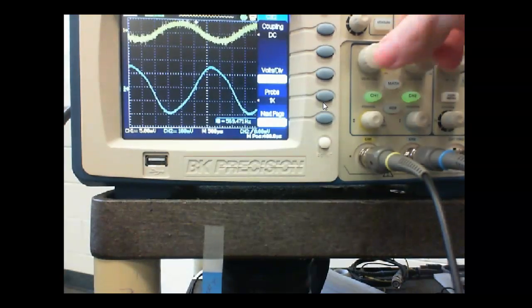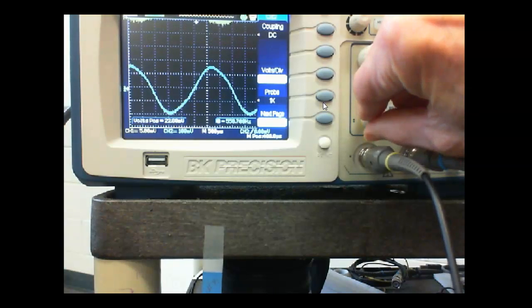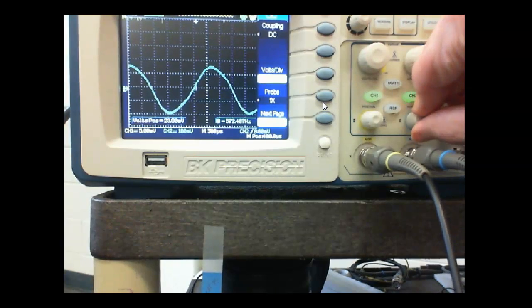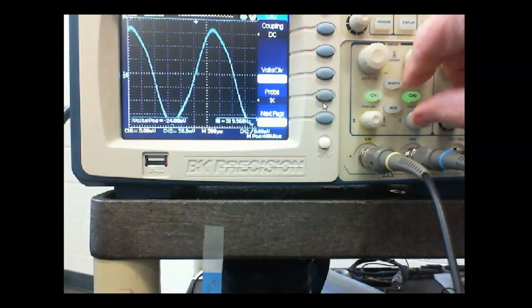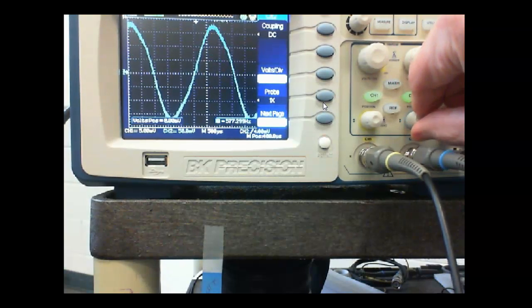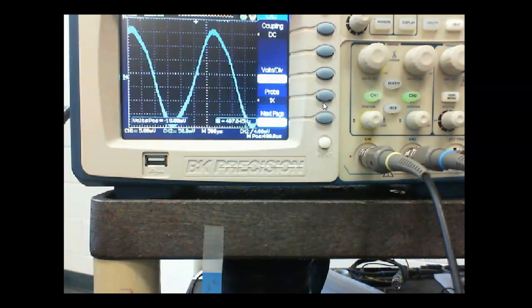I'm going to move channel 1 out of the way. We'll trigger on channel 2, so we can measure this a lot more accurately. That's maximum right there. I'm touching it. So this is maximum. Okay, it's 50 millivolts per division.